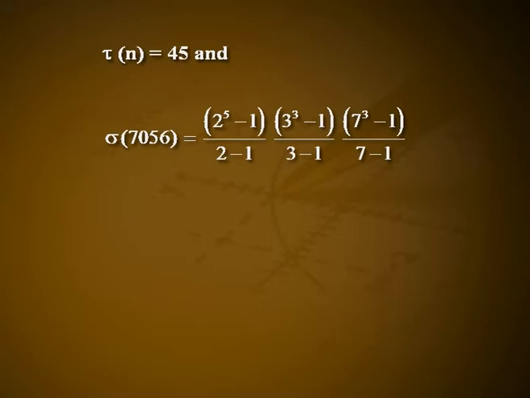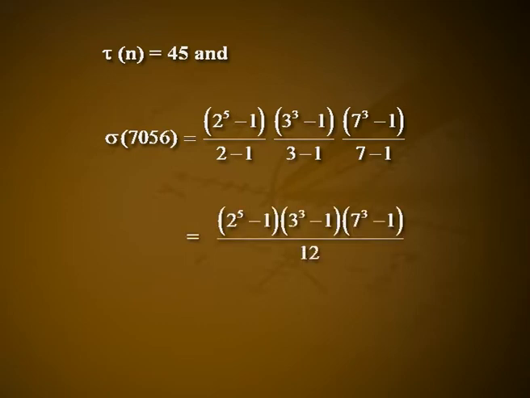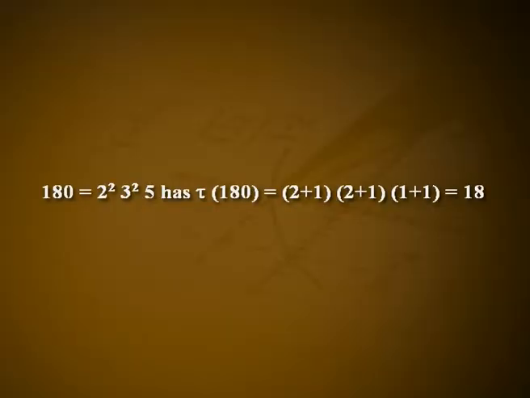Hence, τ(n) is equal to 45 and σ(7056) is equal to (2^5 − 1)/(2 − 1) into (3^3 − 1)/(3 − 1) into (7^3 − 1)/(7 − 1), which is equal to (2^5 − 1)(3^3 − 1)(7^3 − 1)/12, which is equal to 31 into 26 into 342 by 12, which is equal to 2,04,321.